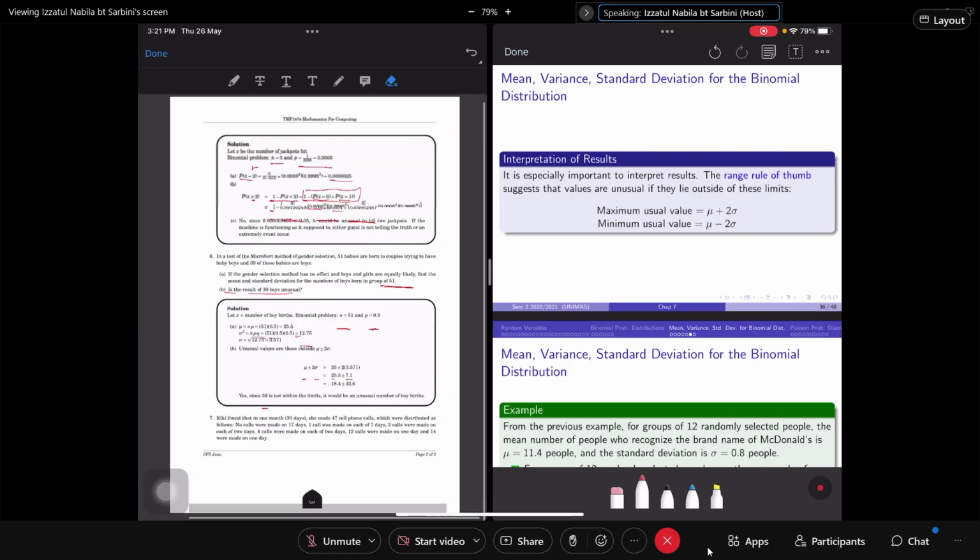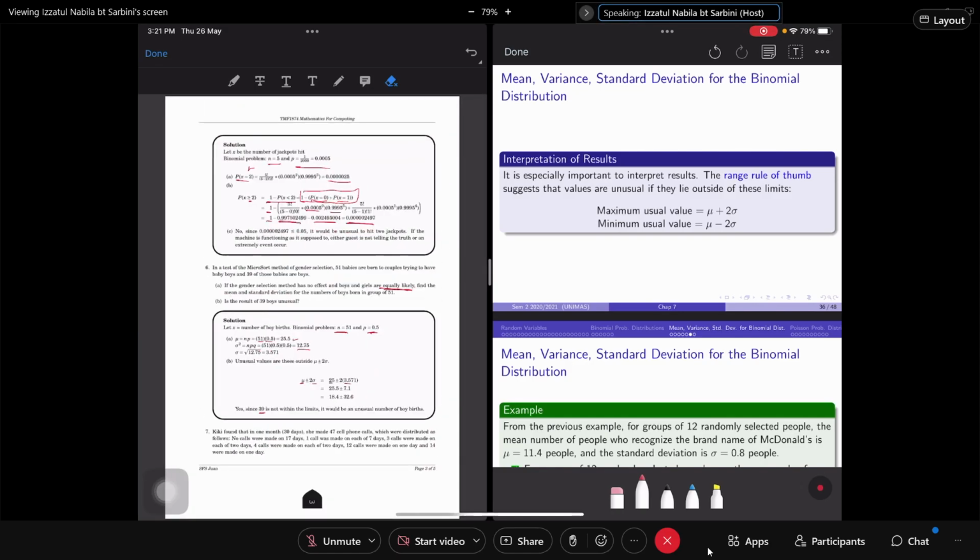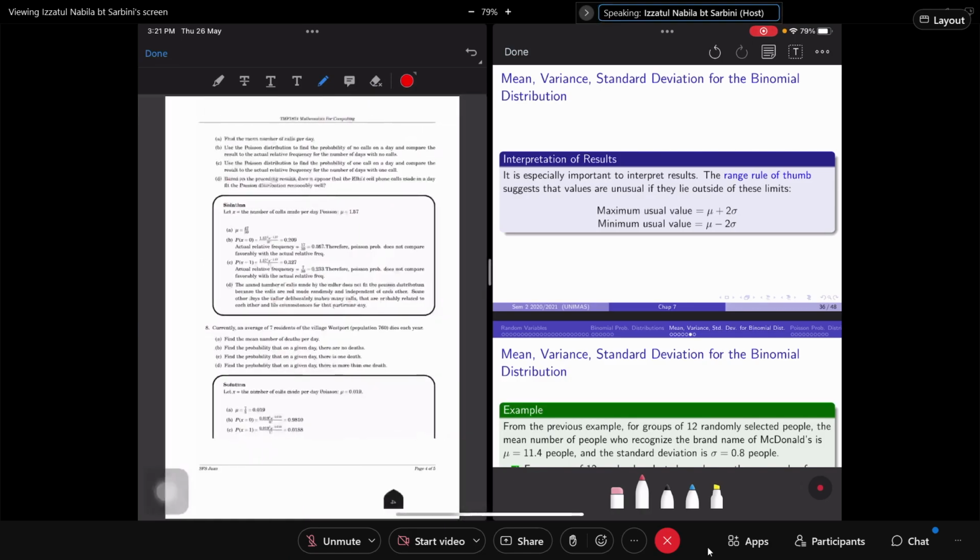Okay, these are the calls that she made. Now the question that we need to answer is A, find the mean number of calls per day.